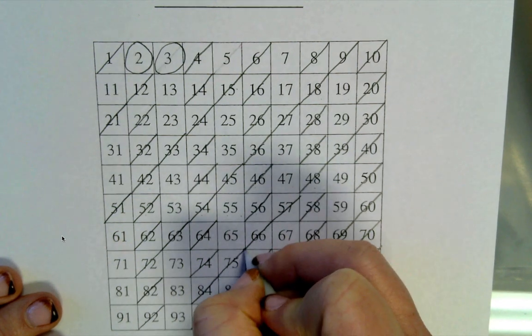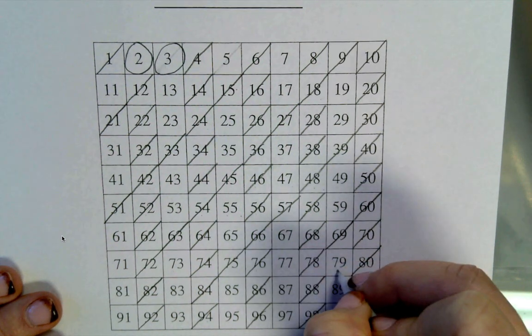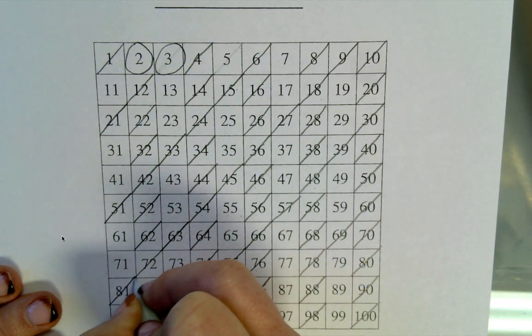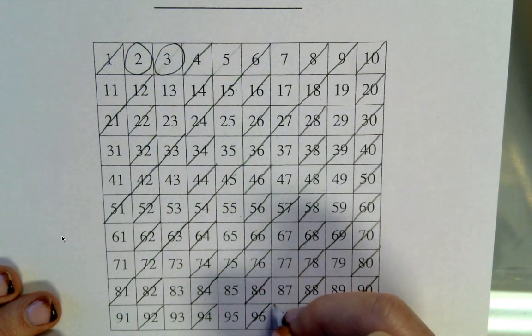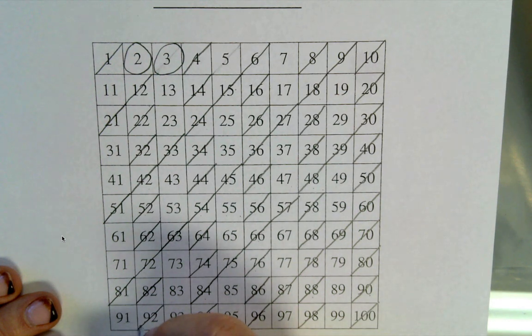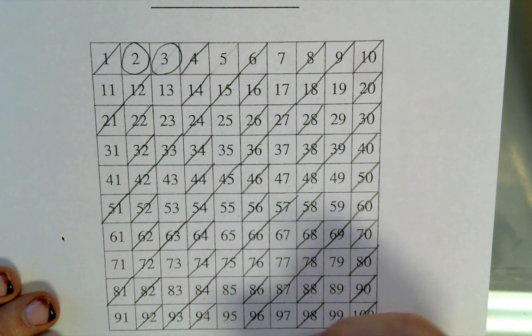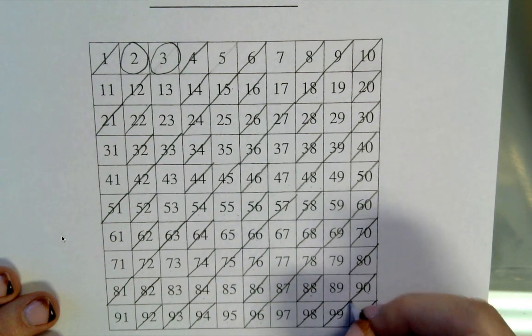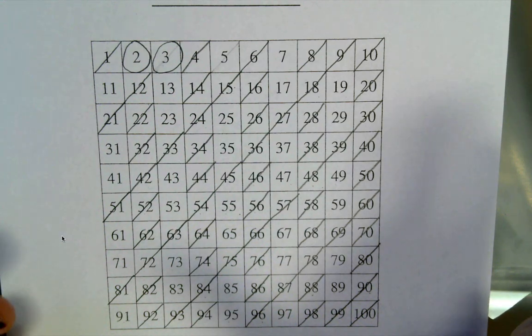If you notice my pattern, I'm going 1, 2, and the third one I'm crossing out. 1, 2, 3, 1, 2, 3, over and over. Those are all the multiples of 2 and 3 that are crossed out.